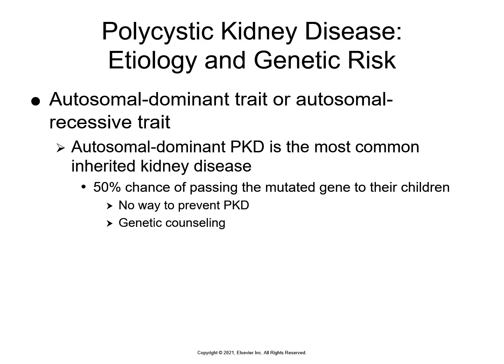I have talked a bit about the autosomal dominant or autosomal recessive trait. The dominant is the most common inherited kidney disease, and there is no way to prevent PKD. There's a 50% chance of parents passing this mutated gene to their children.